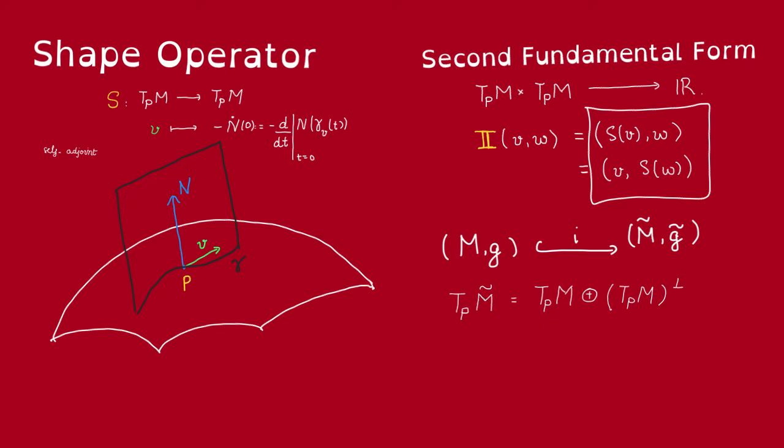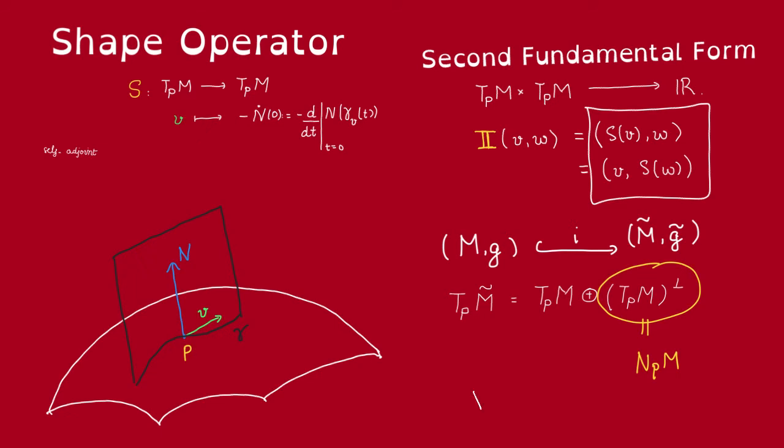We define this space to be the normal space to M at P, and every vector in this space we call a normal vector to M at P. Now, if we have a tangent vector x to this M tilde at P, we will denote the tangential component by this notation and the normal component by this notation.